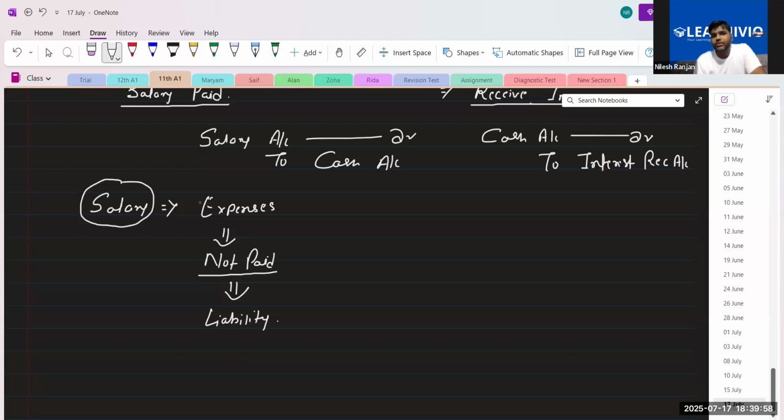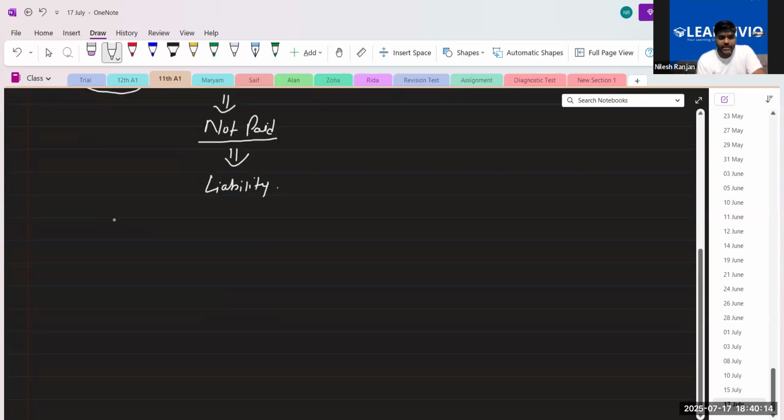Okay. So salary is an expense. It should be written on the debit side, in the same manner as we have written here. Because either it is paid or not, we have to record the entry because salary is due. The work is already complete, so we have to pay the salary now. So salary account debit.